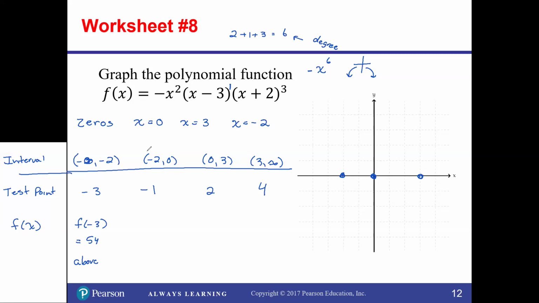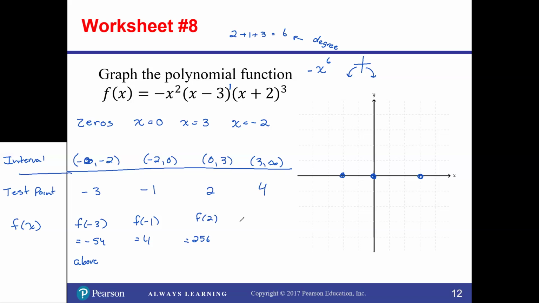I accidentally put in 2x squared instead of cubed. So this would actually be negative 54. F of negative 1 is equal to 4. F of 2 is equal to 256.